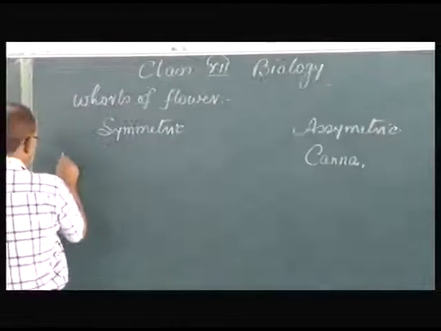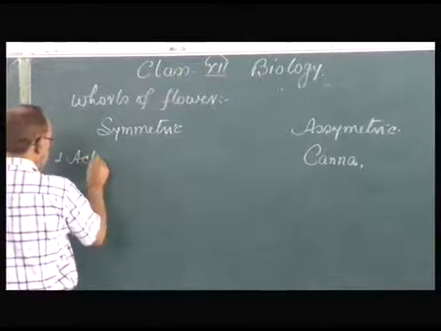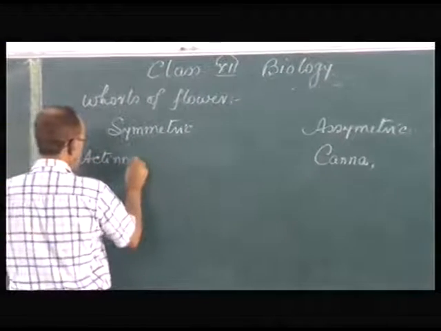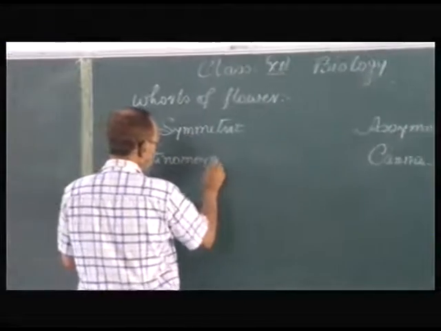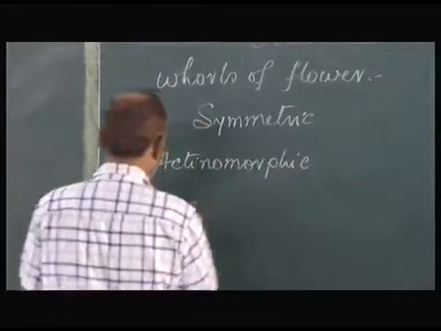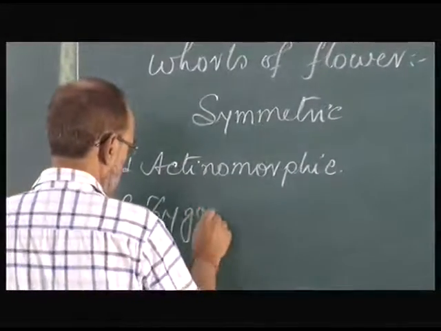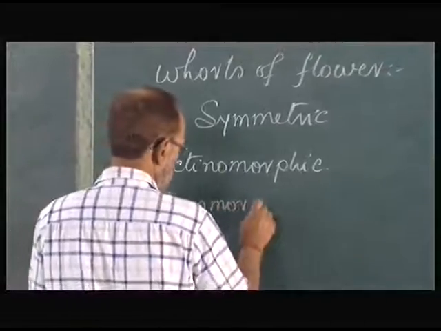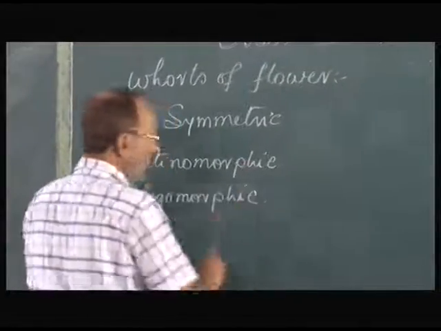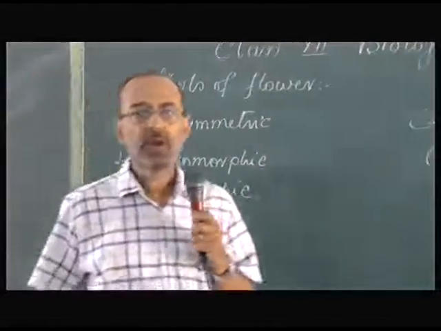The symmetric flower again may be of two types, actinomorphic and zygomorphic. Clear?